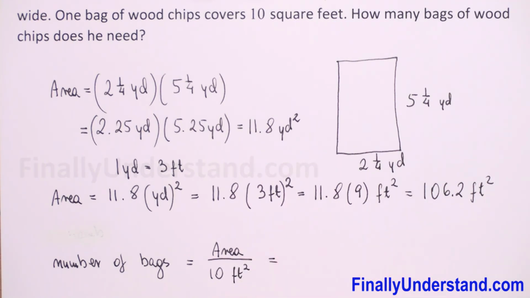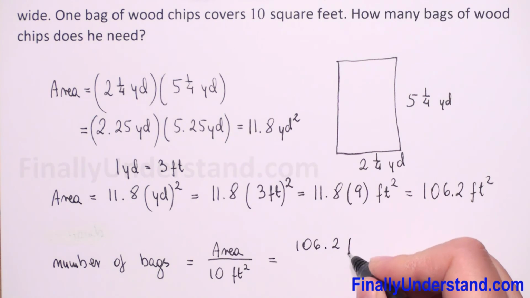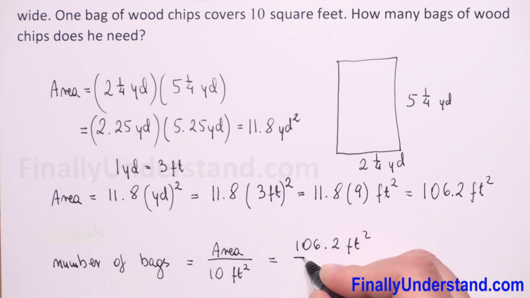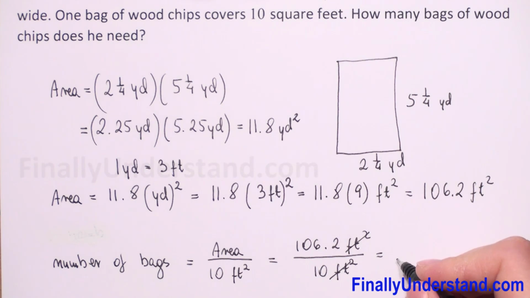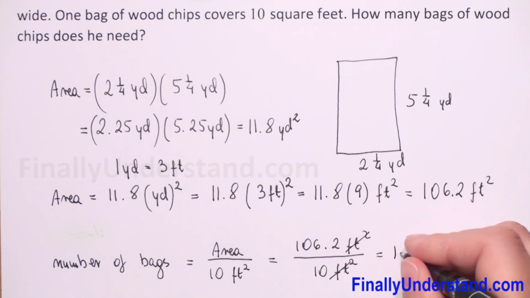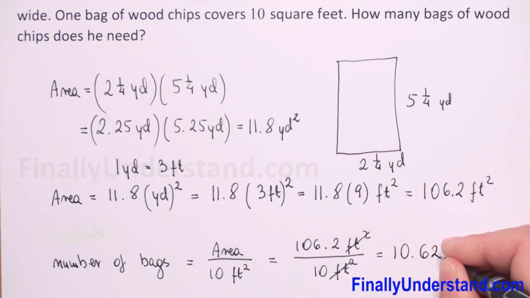So we have that the area is 106.2 square feet over 10 square feet. So square feet we can reduce, and we have that this is equal to 10.62.